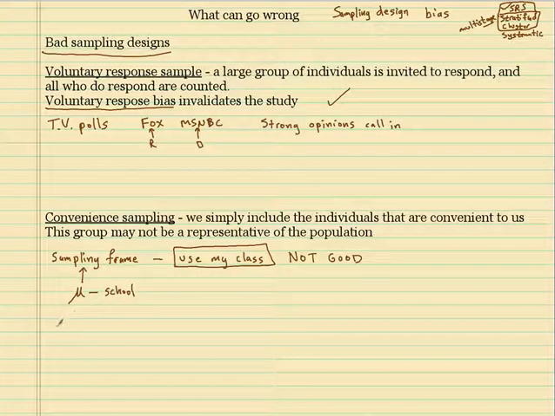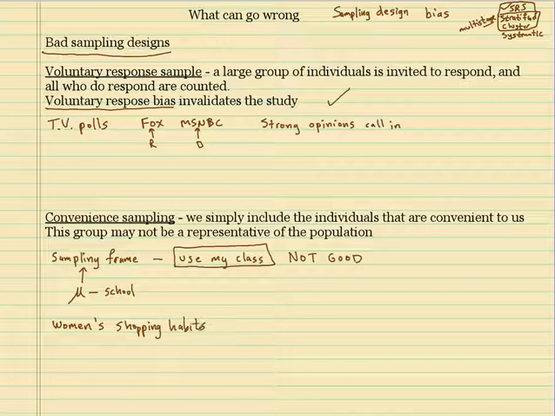Convenience sampling. Let's say I want to know something about women and women's shopping habits. I set up shop at the mall and hand out surveys.